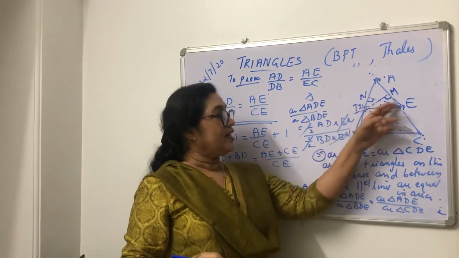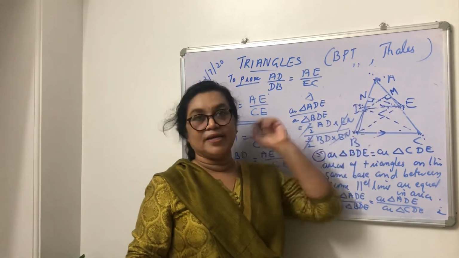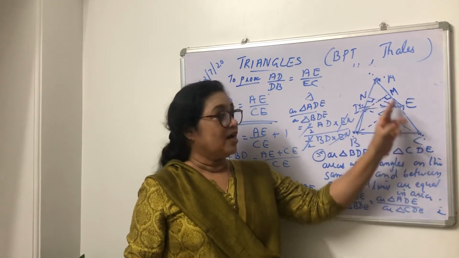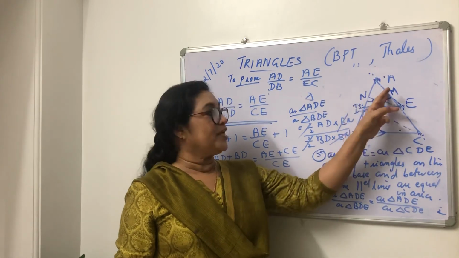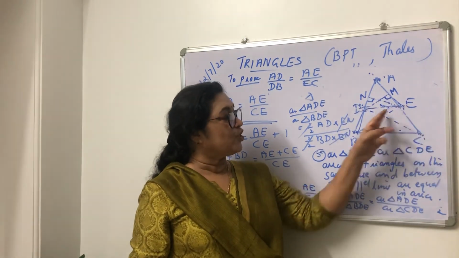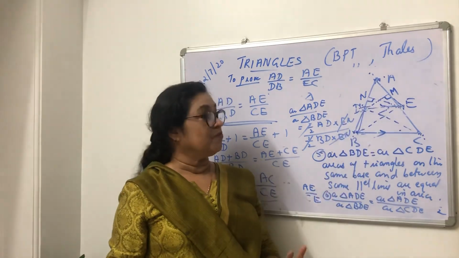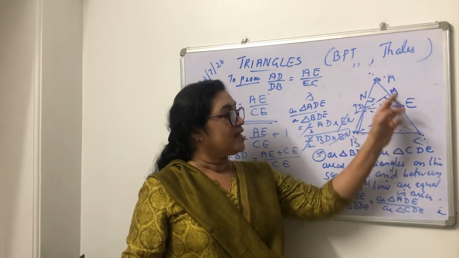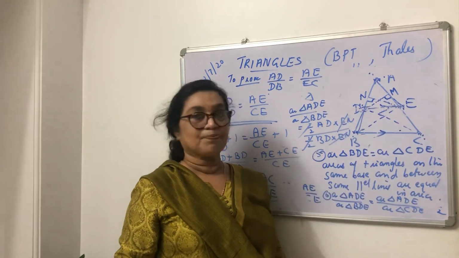So it is AD by BD. Similarly, area of ADE by CDE is half into AE into DM by half into CE into DM. Half DM will be cancelled. So area of ADE by CDE is AE by CE.